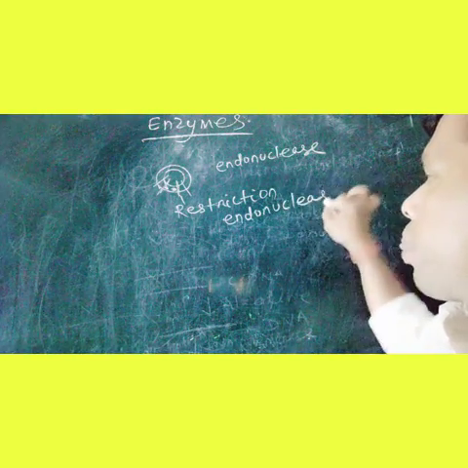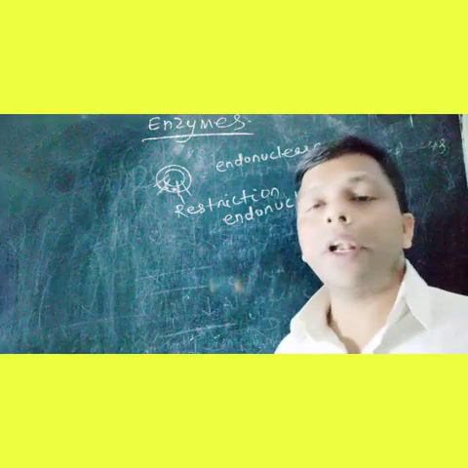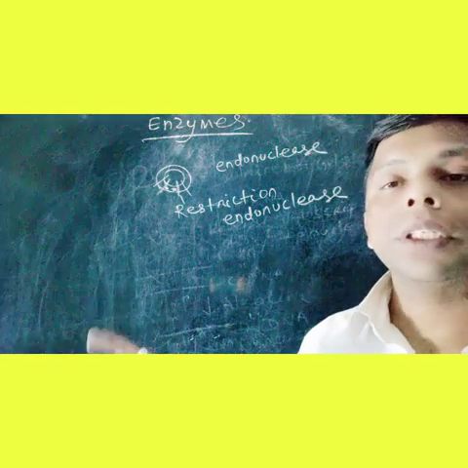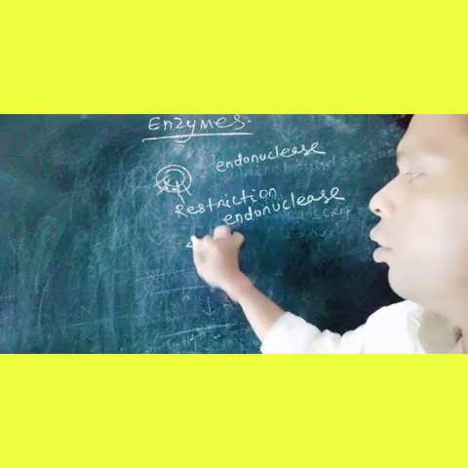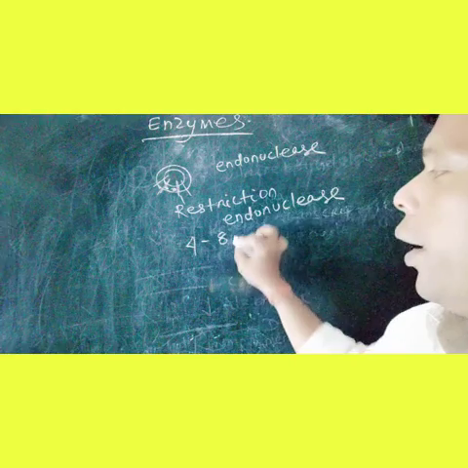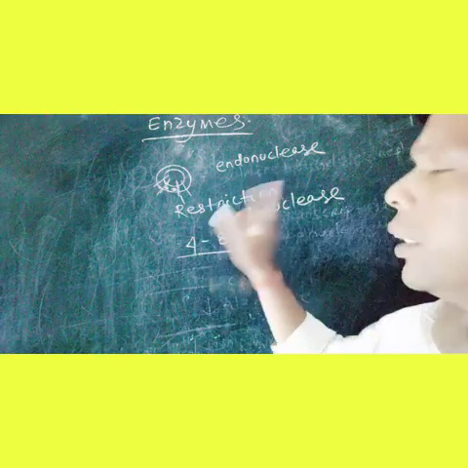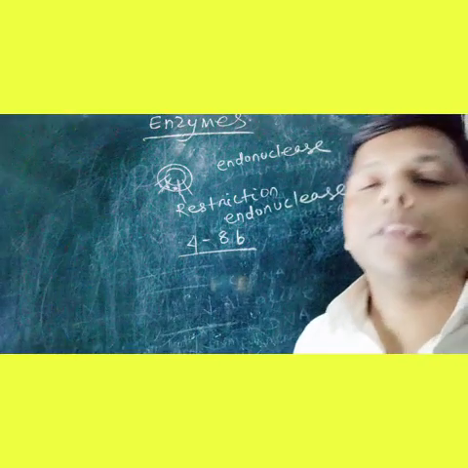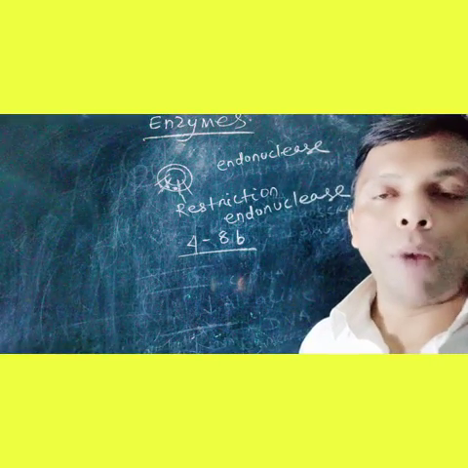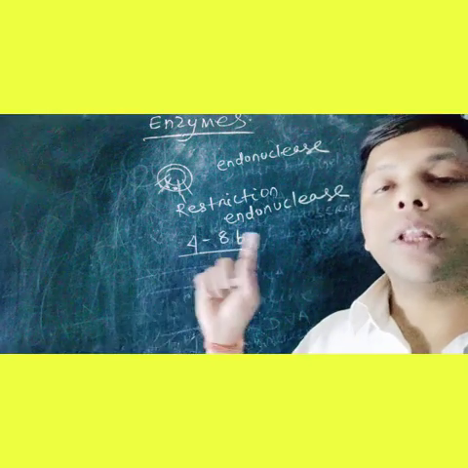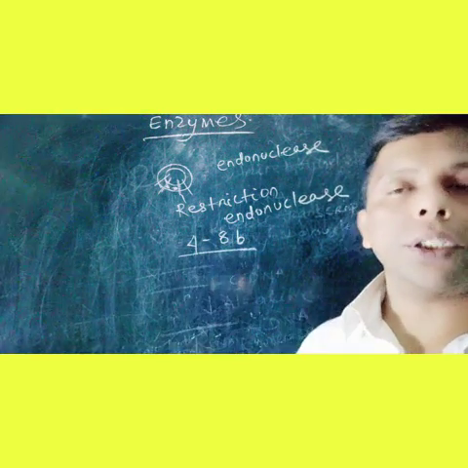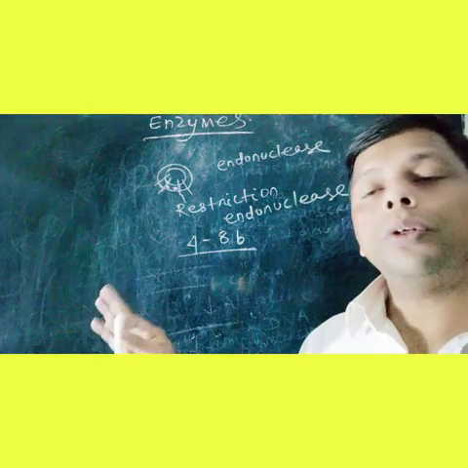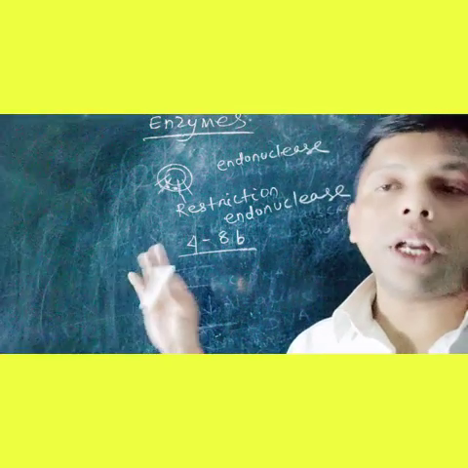The endonucleases which are used to cut the desired site, or restriction site, are called restriction endonucleases. These are a specific group of enzymes which identify 4 to 8 bases as the recognition site. They are also called molecular scissors. They cut the DNA at a specific location. The cutting is due to splitting of the phosphodiester linkage.